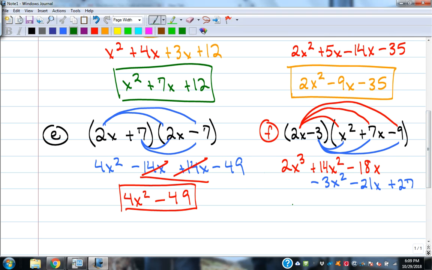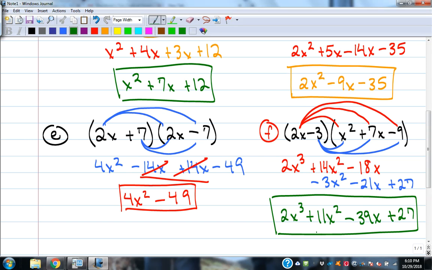Put those together. 2x cubed just comes down because there's nothing like it. 14x squared combines with negative 3x squared to make plus 11x squared. Negative 18 and negative 21 come together to make. And then the 27 comes down because there's nothing else like it.